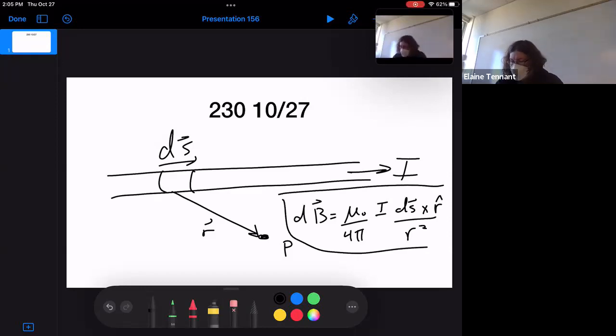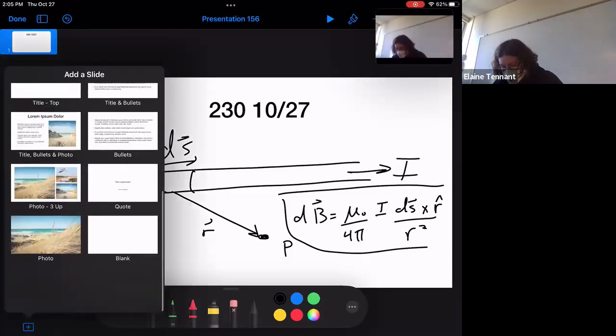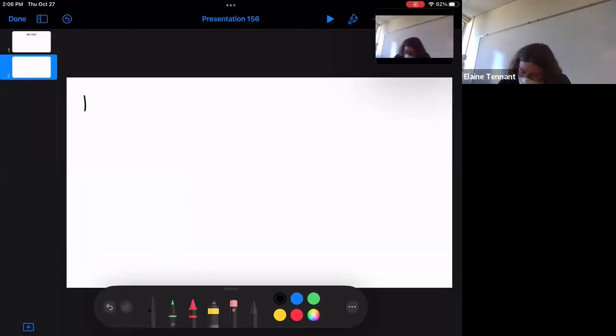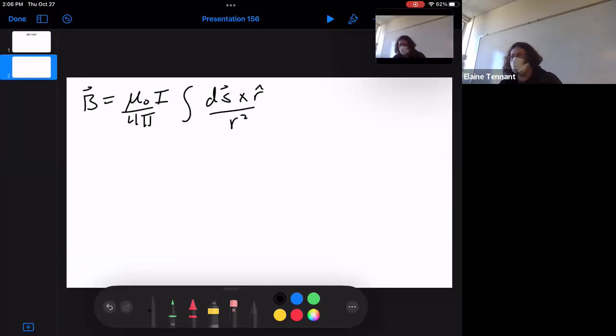Okay. And then we said, well, I might want to know the magnetic field due to all the little bits of wire, not just one little bit of wire. And so we would integrate both sides, ending up with a much more sensible mu naught I over 4 pi integral of ds cross r hat over r squared.